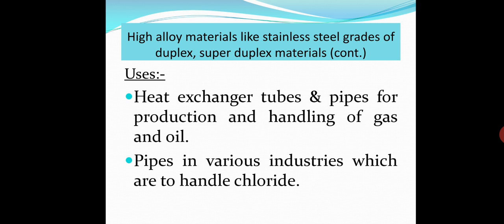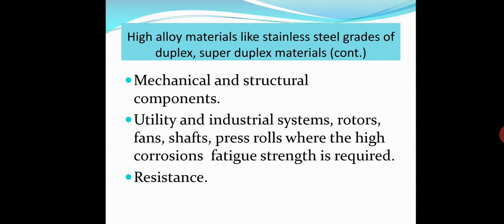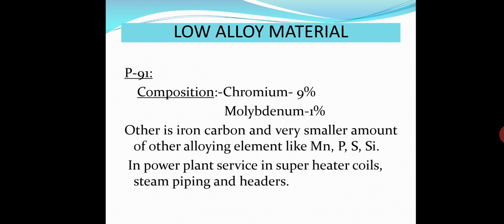It is used for pipes in various industries which handle chlorides, mechanical and structural components, utility and industrial systems, rotors, fans, shafts, and press rolls, where high corrosion fatigue strength is required. So these two are high alloy materials.